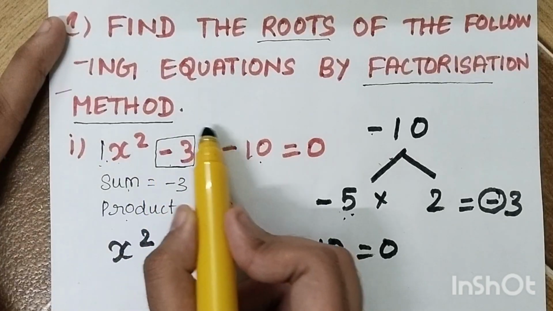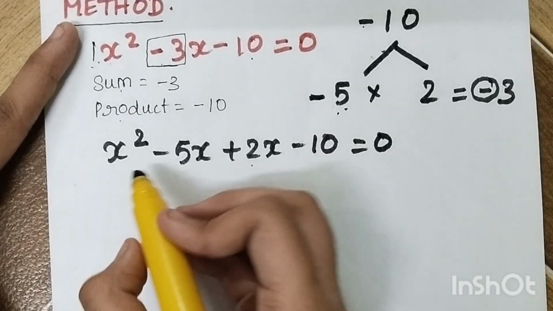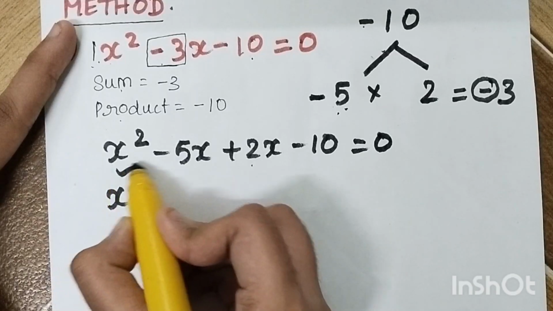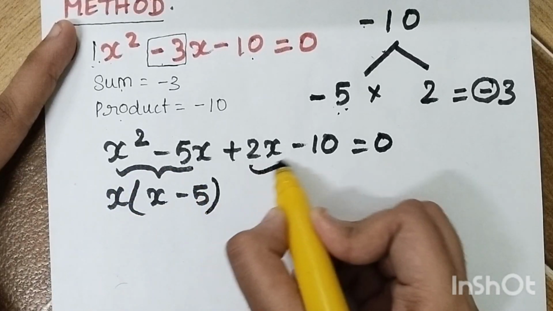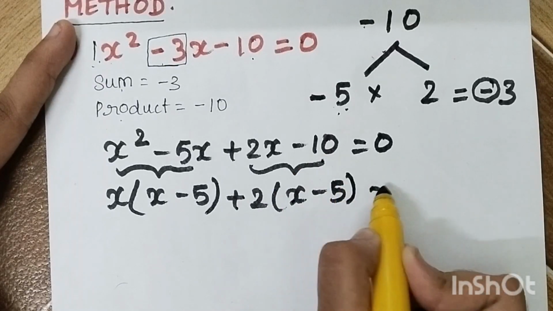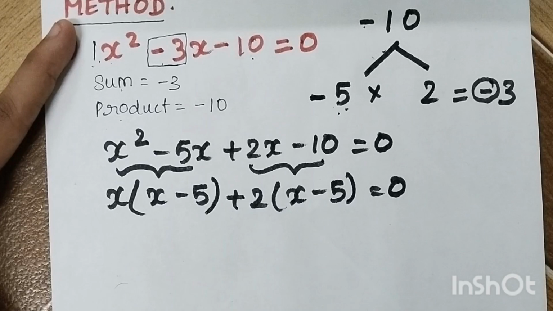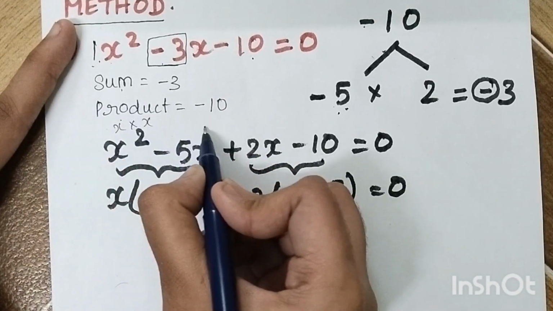So I have replaced this 3x by minus 5x and plus 2x. Okay, now I can take the common factor out in these terms. So I'll be getting x minus 5 here, and here plus 2 as common, so x minus 5. So common is nothing but here 2x is there, am I right? And here 1x.